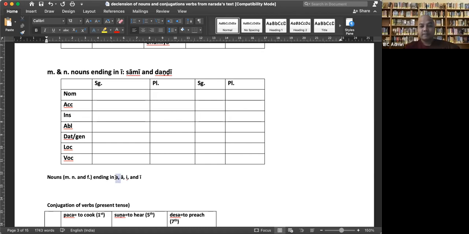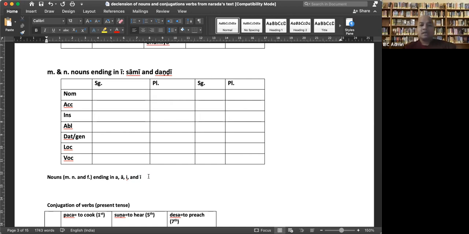So for short a, you have masculine gender and neuter gender nouns. You do not have feminine gender nouns ending in short a. And with long a, you have feminine gender nouns. Okay, so you have 3 altogether. And then for these two, short e and long e, you have altogether 6, right? Masculine, neuter, and feminine gender nouns ending in short e. Masculine, neuter, and feminine gender nouns ending in long e.